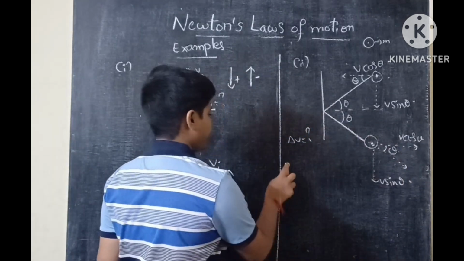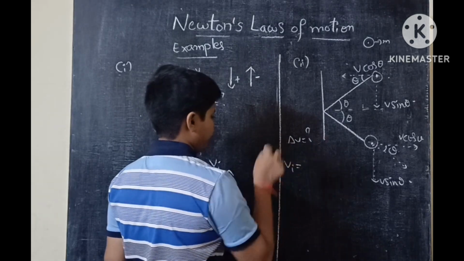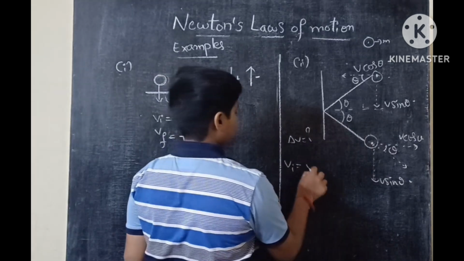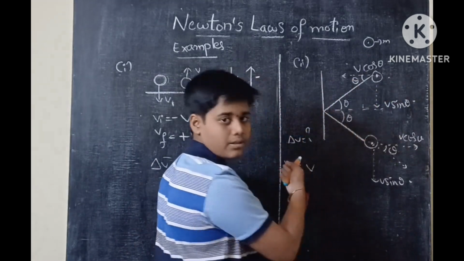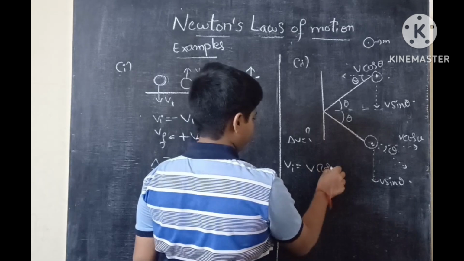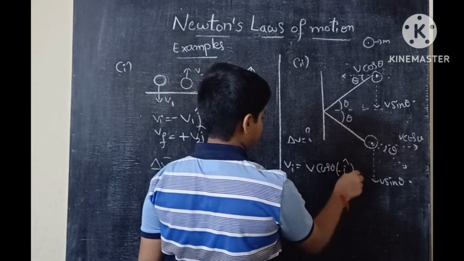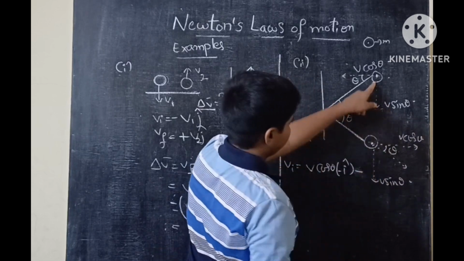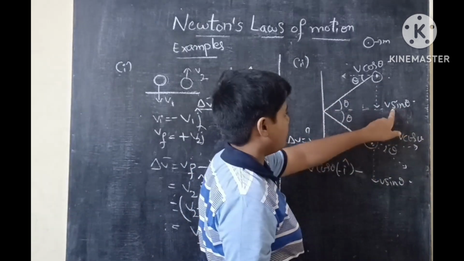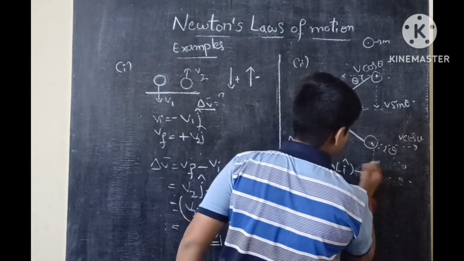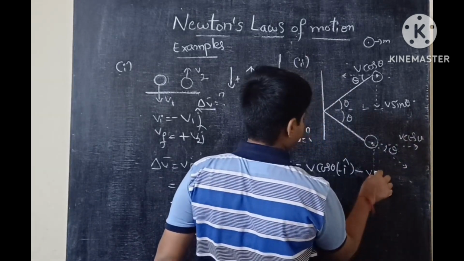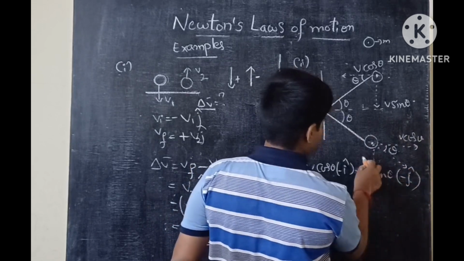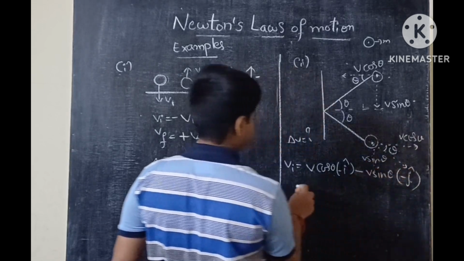Here I am taking first V initial. V initial is V cos theta in the minus I cap direction, so V cos theta minus I cap, plus V sin theta in the minus j cap direction.